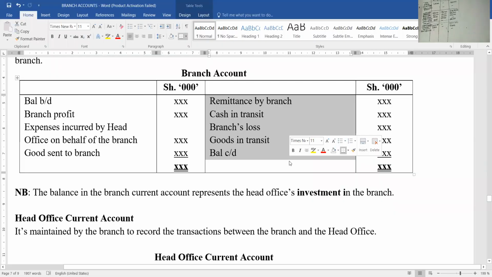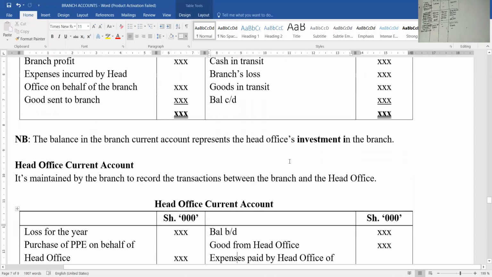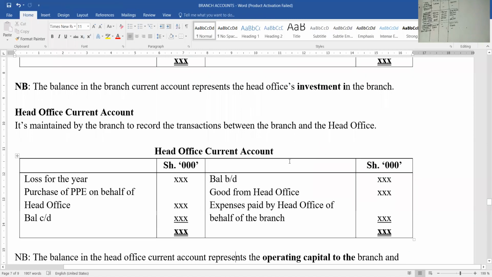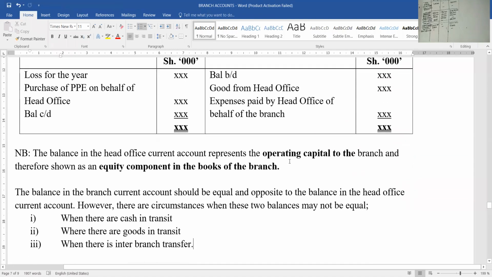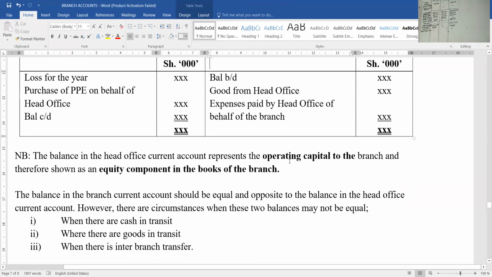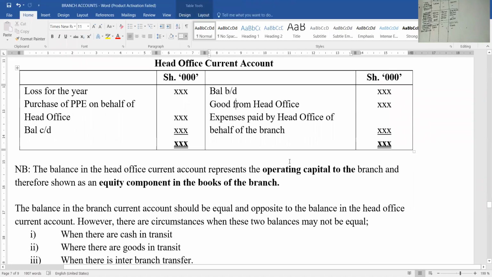So remember that the head office current account is maintained by the branch to record the transactions between the branch and the head office. NB. So you can see this is the account. We will prepare it later.